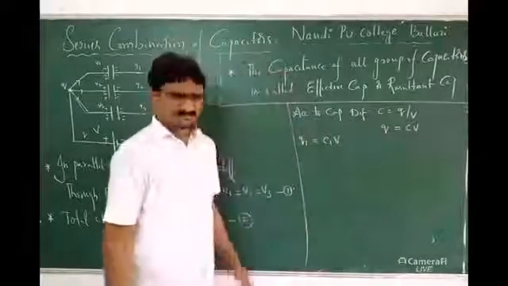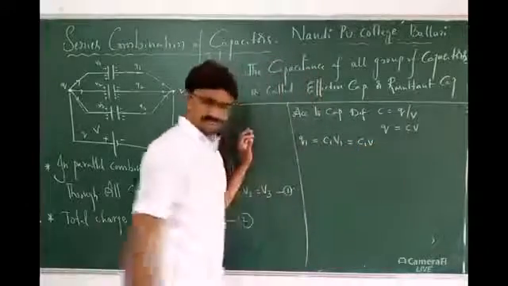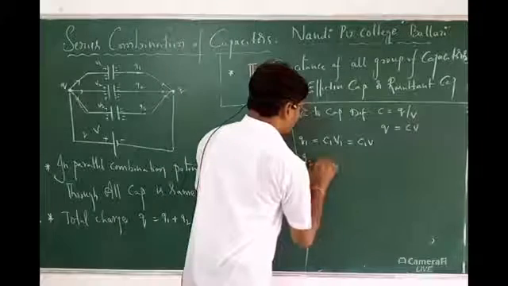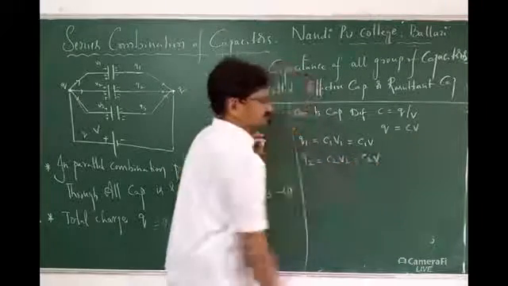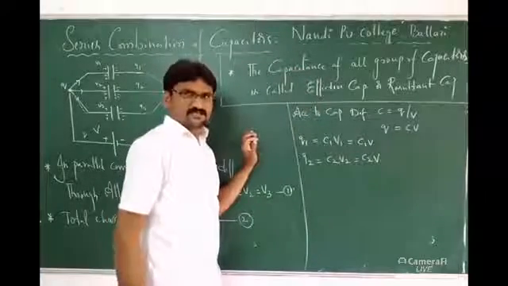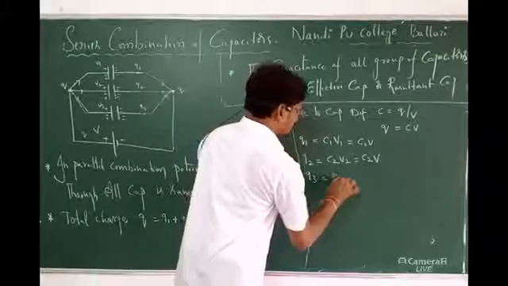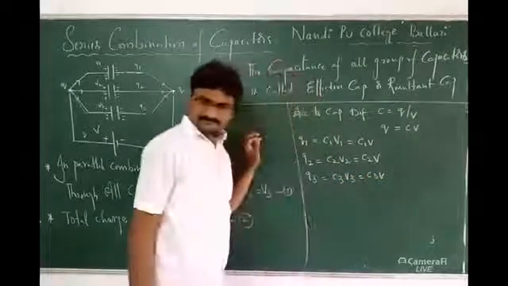Directly I am writing. Or else you can write C1V1, that is equal to C1V. Why? Because V is the same. Second one, Q2 is equal to C2V2, that is equal to C2V. Why? Because V1 equals V2 equals V. Next, Q3 is equal to C3V3, that is equal to C3V.